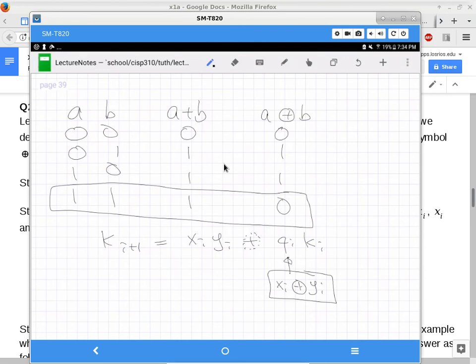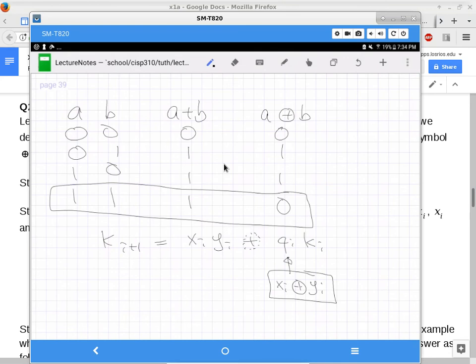If you're dealing with binary digits and you know 2 digits are different, one has to be a 0, the other one has to be a 1, which means the conjunction of those two has to be a 0. So now we have proven that xi yi being 1 implies qi ki is a 0, and qi ki being a 1 implies xi yi is also a 0, which also means that they cannot both be 1s.